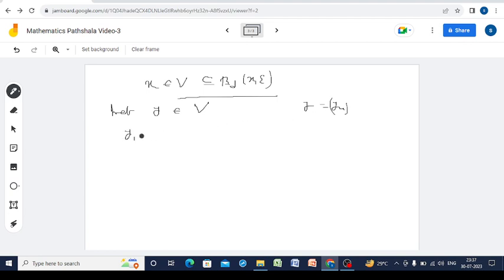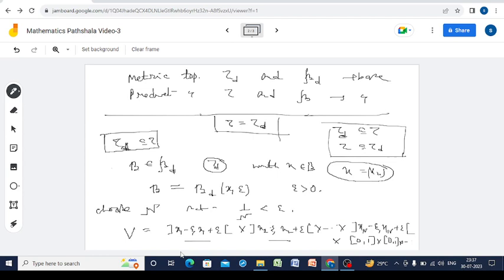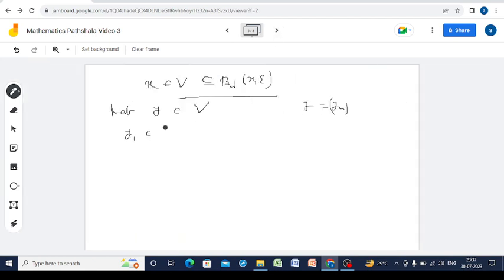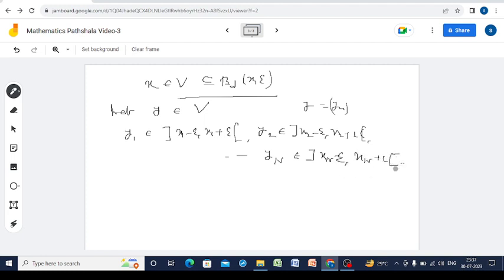So clearly our y1 belongs to x1 minus epsilon comma x1 plus epsilon. Second one, y2 belongs to x2 minus epsilon comma x2 plus epsilon, and up to yn belongs to xn minus epsilon comma xn plus epsilon, and the rest elements yn+1, yn+2, and so on, all belong to the closed interval [0,1].